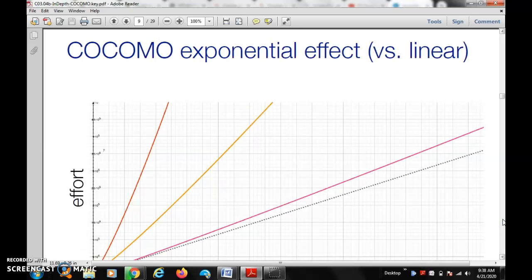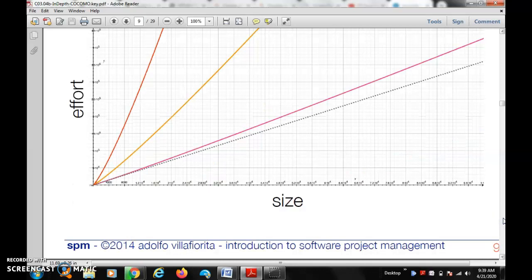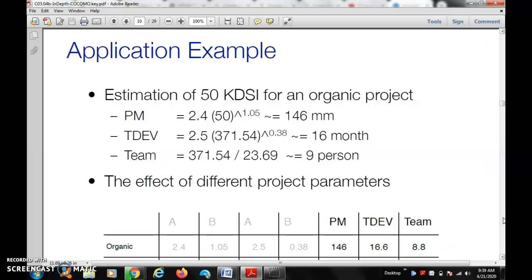Here is the exponential effect in the graph, effort versus size. Application example: estimate of 50 KDSI for an organic project, project management, team development. So 2.4 times 50 to the power 1.05 is equal to 146 person-months.